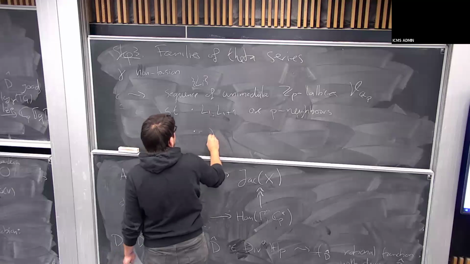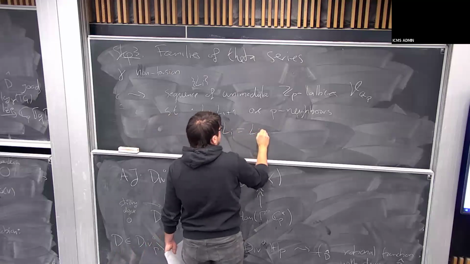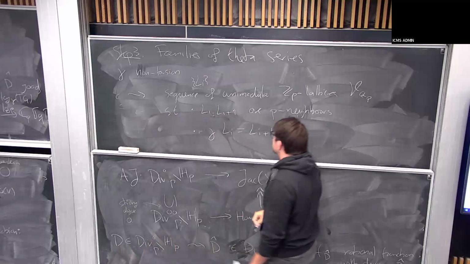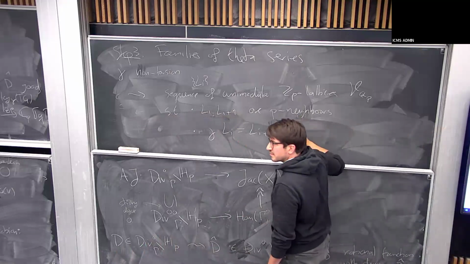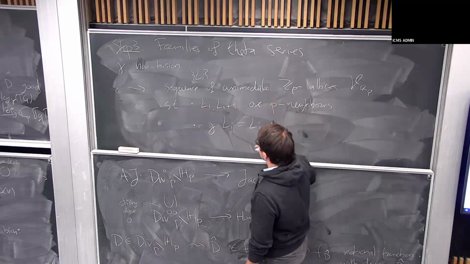And gamma of L_i is equal to L_{i+k}. The sequence is unique with these properties, and they are all different, without backtracking.